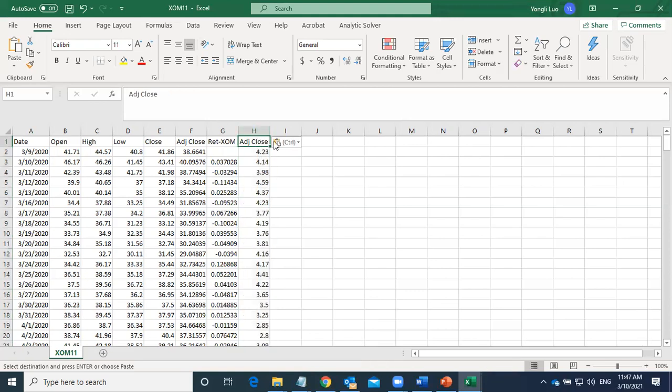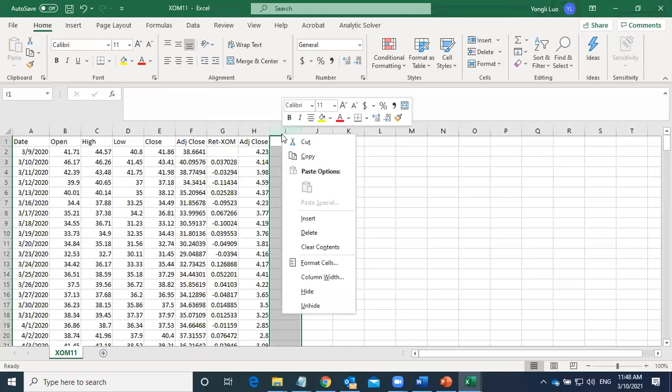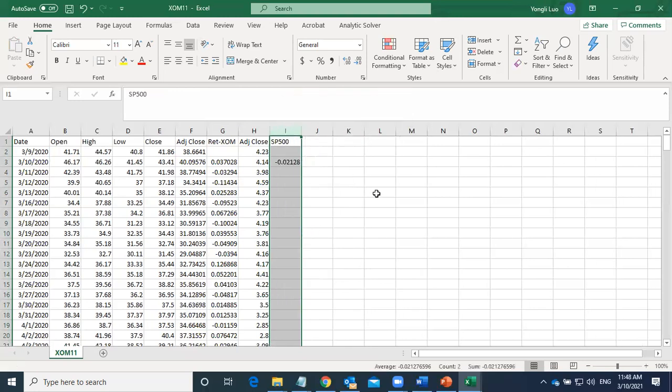So we get the S&P 500 return, which is equal to the most recent price minus the previous price, divided by the previous price. So that's the S&P 500.